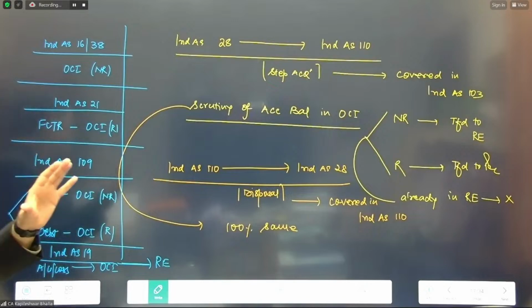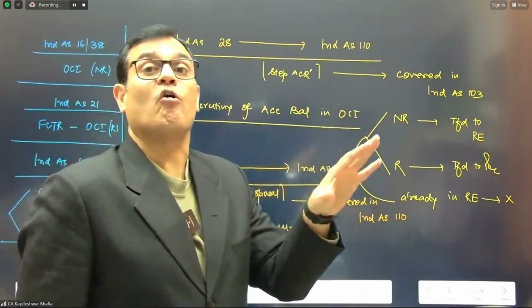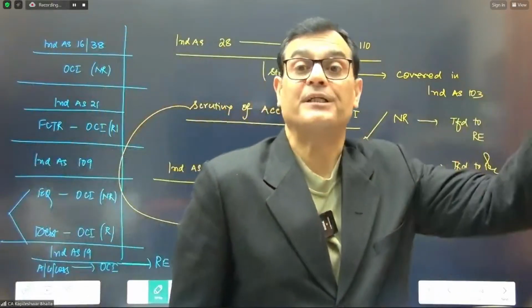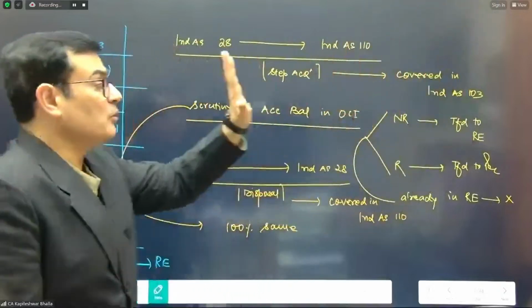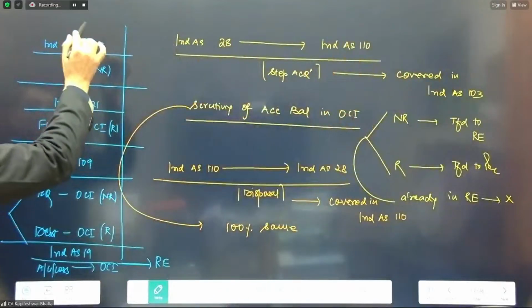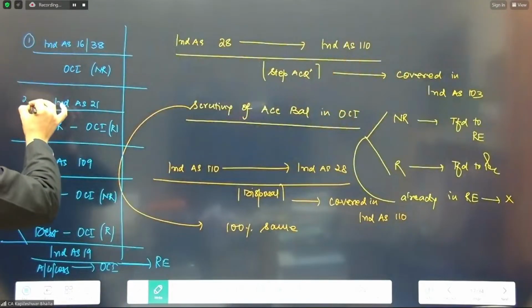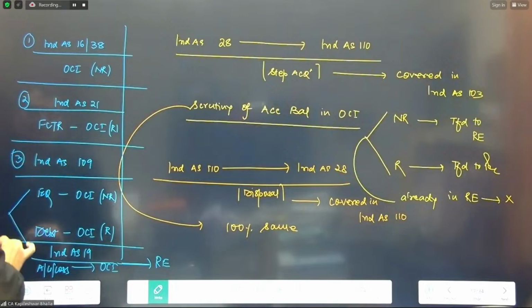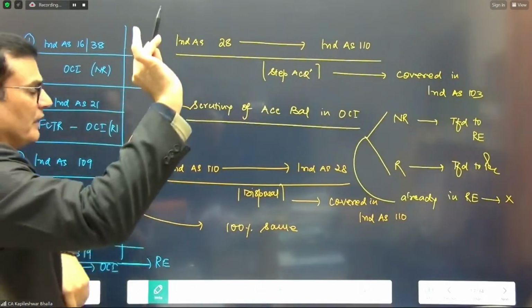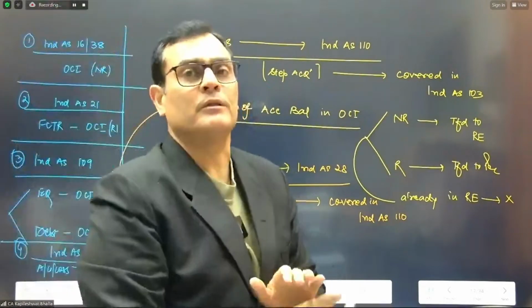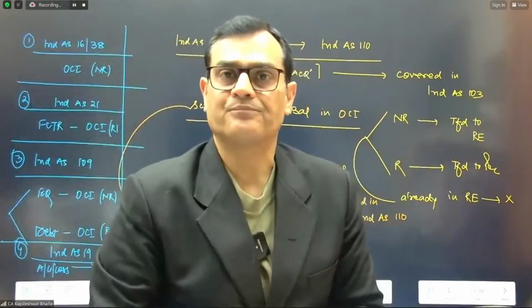Trust me, this is a comprehensive list of all items which arise in OCI. I will give you more explanations when I come to financial instruments, but this 1, this 2, this 3, and this 4. There is no fifth item for your level in the examination which enters in the OCI.